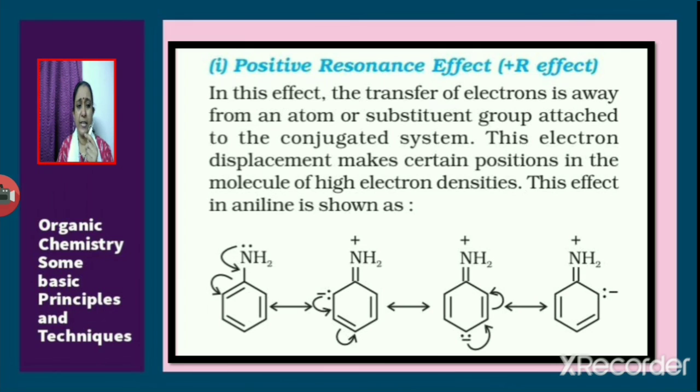That is how we get the third structure. From the para position, the electron pair may now move to the next bond position. There we get a double bond, as a result of which the pi electrons move to the ortho corner, and the ortho corner will now develop a negative charge. So these are the various structures possible, and in these structures we find that the ortho and the para positions have become comparatively electron rich.